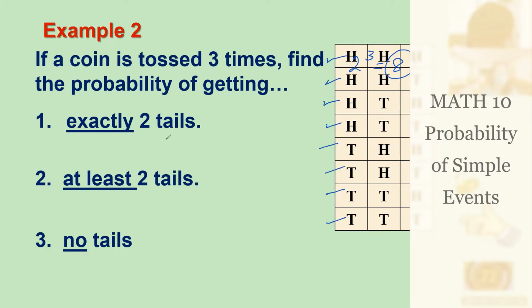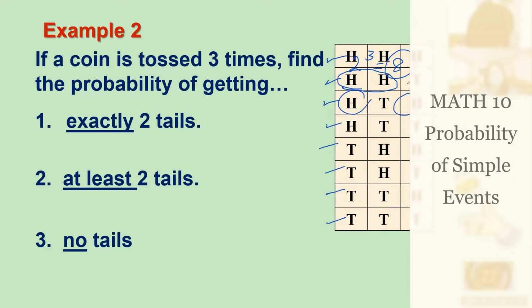Now, for number 1, exactly 2 tails. So just count. Out of those 8 outcomes, how many have exactly 2 tails? So here is one, 2 tails, 2 tails.